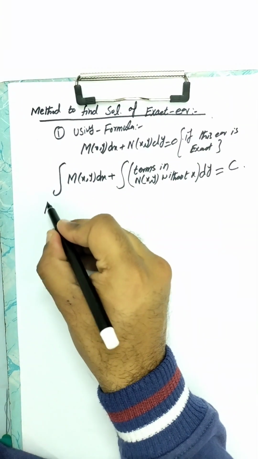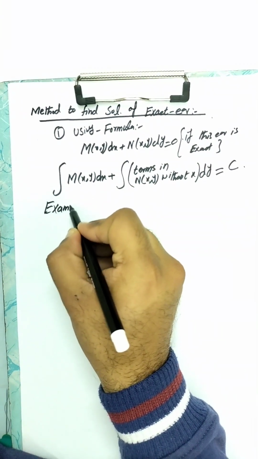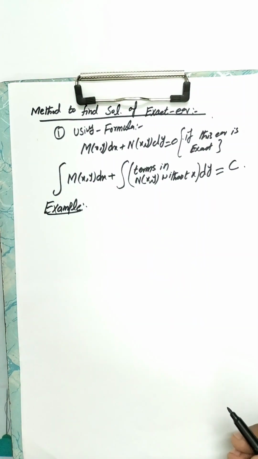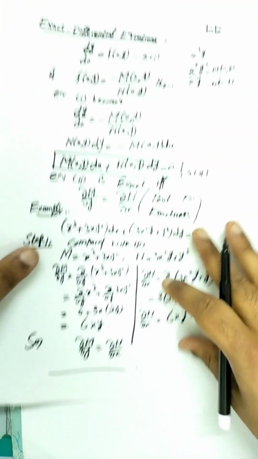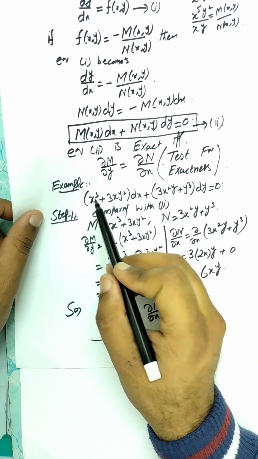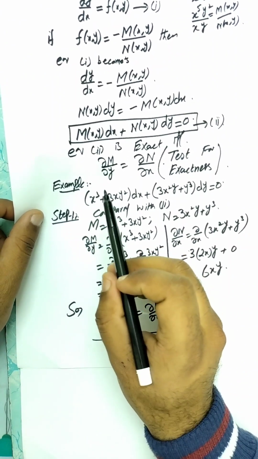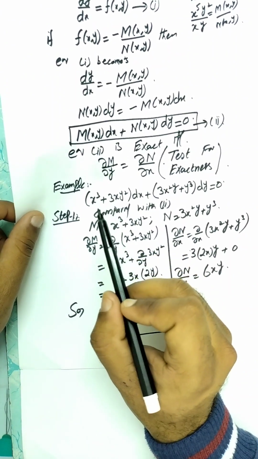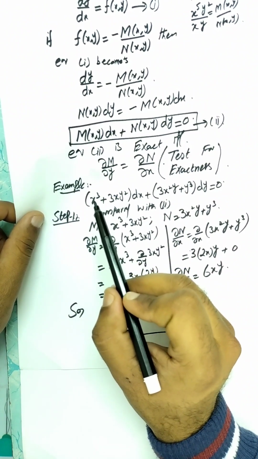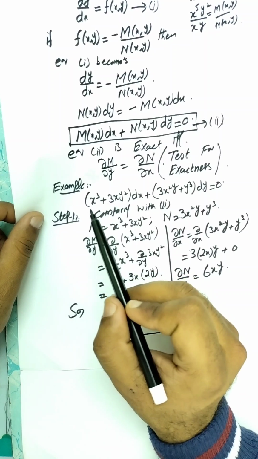So we describe this solution by using an example, and we take the same example because we know that this equation is an exact equation. So we don't need to check again whether this equation is exact.